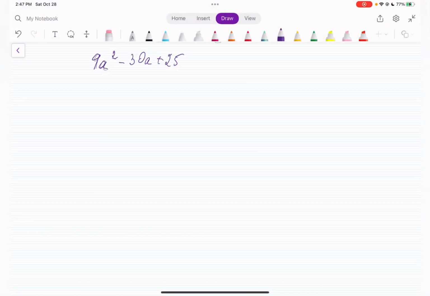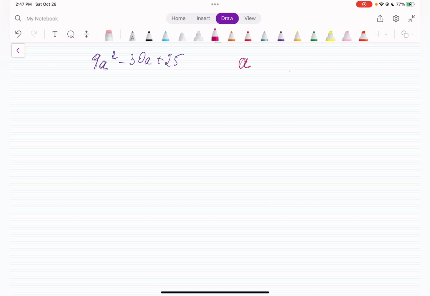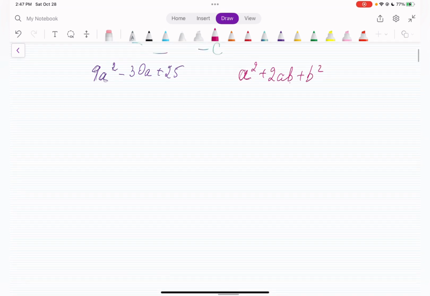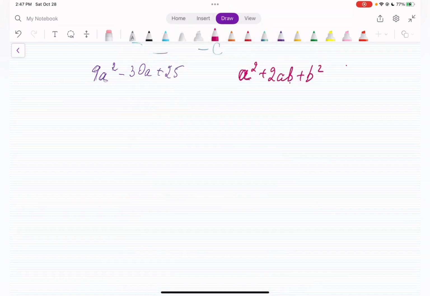So how are we going to solve it? We are going to learn a special product. This one is a special product, a perfect square, which says that a squared plus 2ab plus b squared, let me make it thick so it will strike your eyes every time you see, is equal to a plus b squared.